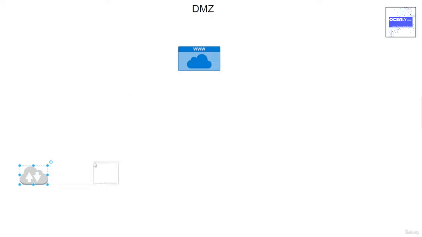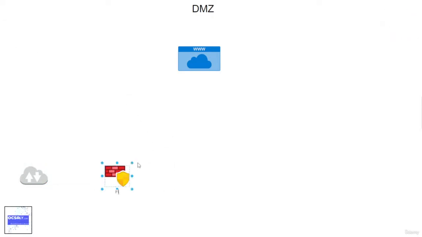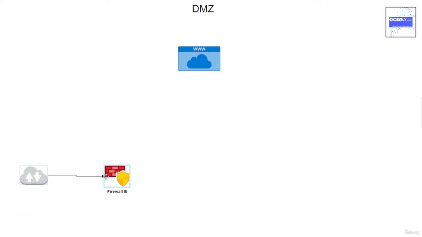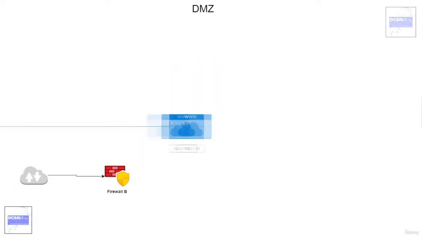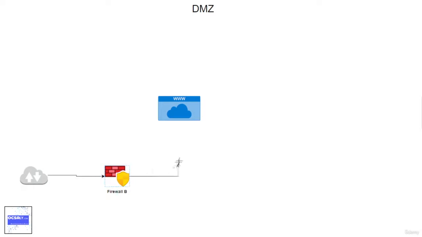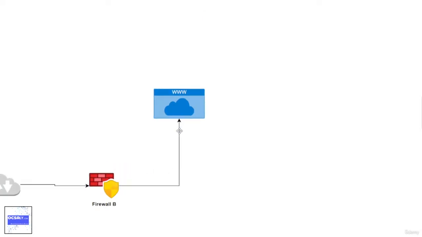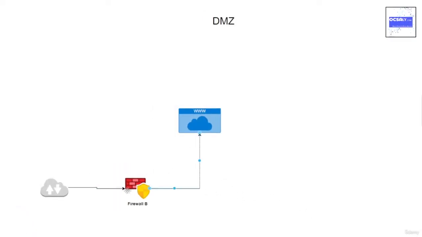Here, this is the firewall. Let's name it firewall B. So this goes to firewall B, and our firewall B goes to www here, as you can see here.